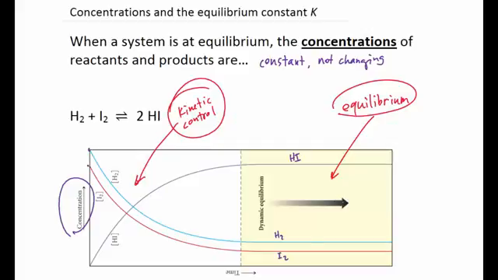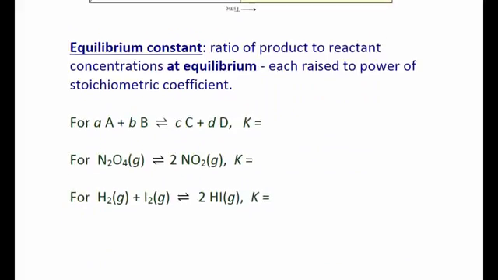So let's talk about a way that we can quantify some of this. The equilibrium constant, which, just to make things super user-friendly, is also a K, but it's a capital K. I want another K for you guys.